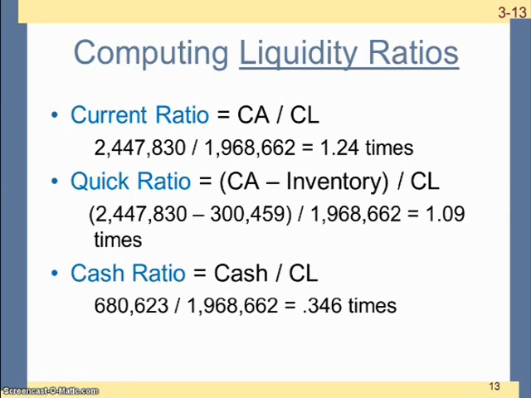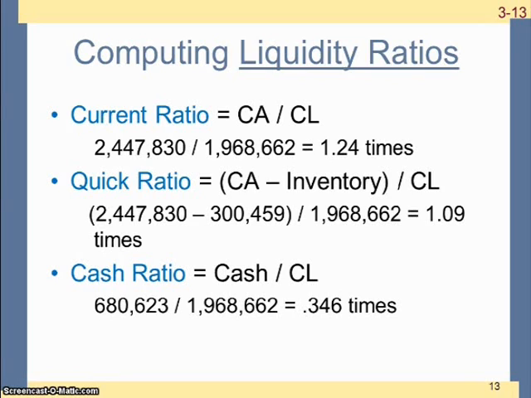Next ratio, quick ratio. What is meant by quick ratio? Quick ratio measures a company's ability to meet its short-term obligations with its most liquid assets. The higher the quick ratio, the better the position of the company.